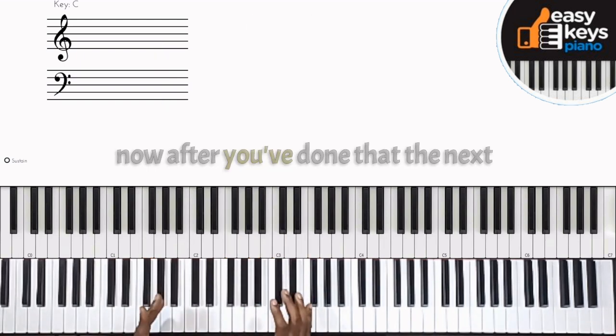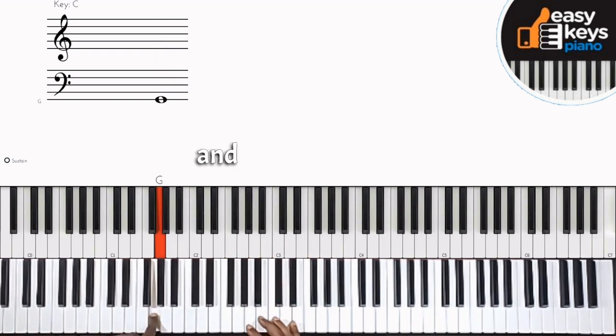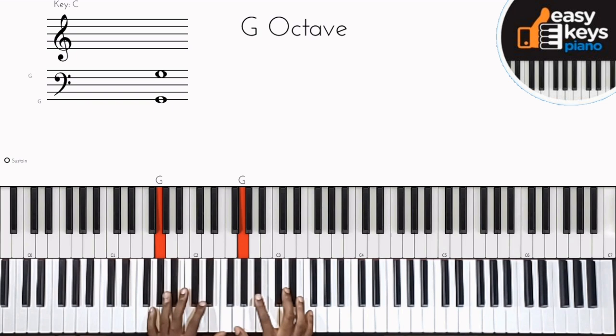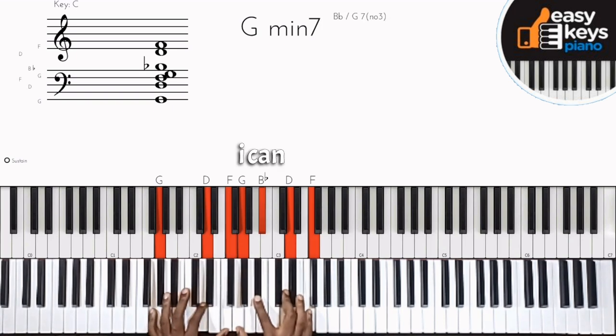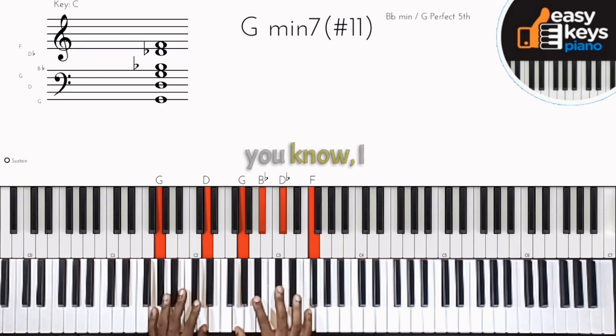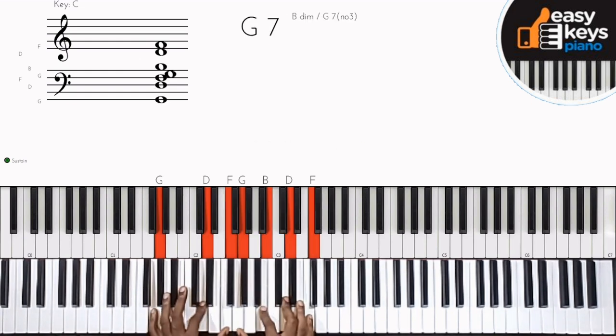Now, after you've done that, the next thing you want to do is go to the next degree of the scale and generate chords that will complement this melody too. I can do this. I can do this. You see that? I could do a major.